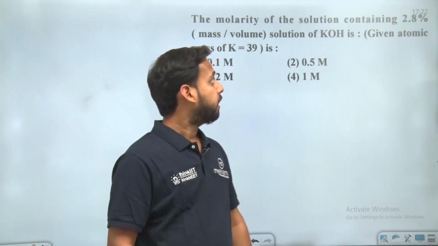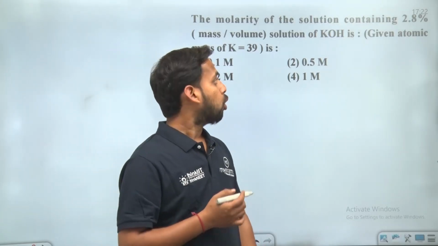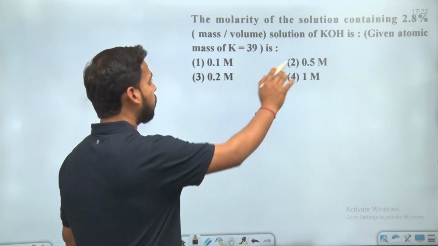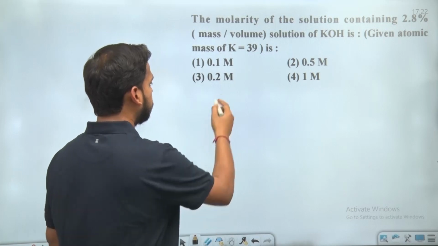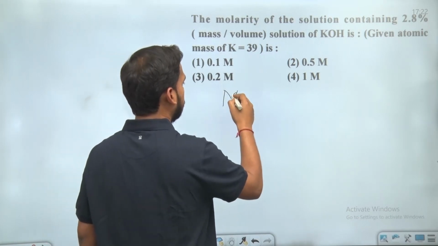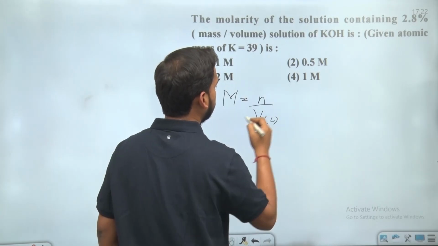Next question: find the molarity of the solution containing 2.8% mass by volume solution of KOH. Molarity is number of moles divided by volume of solution in liters.